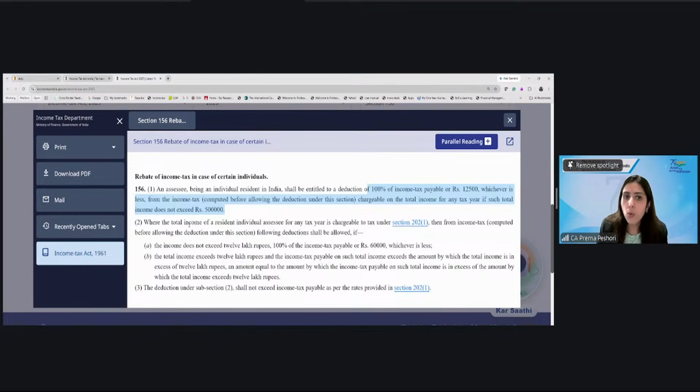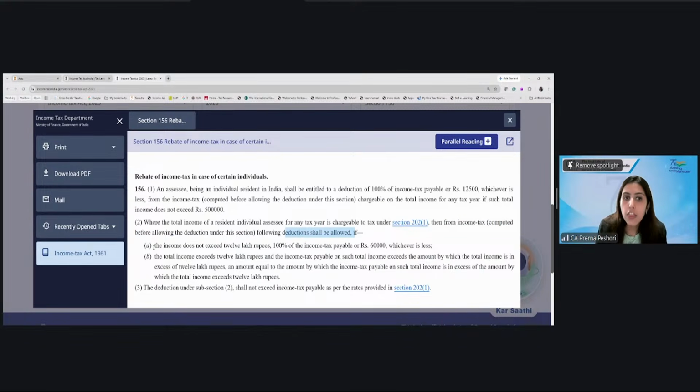Section 2. Where the total income of a resident individual assessee for any tax year is chargeable to tax under 2021, this is your default tax regime, then from income tax computed before allowing the deduction under this section, the following deductions shall be allowed.